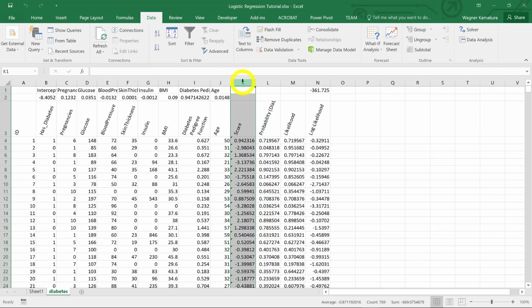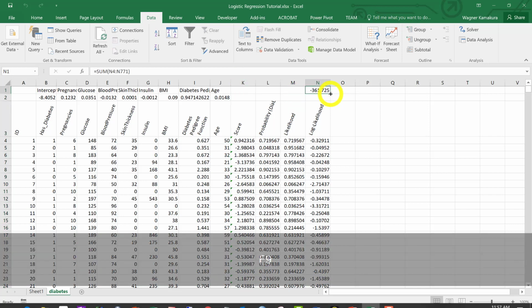They are the log odds of being diabetic based on the patient's number of pregnancies, glucose level, blood pressure, skin thickness, etc. So these now are our logistic regression coefficients. These are our log odds, or the logistic scores, and this is the maximum log likelihood.